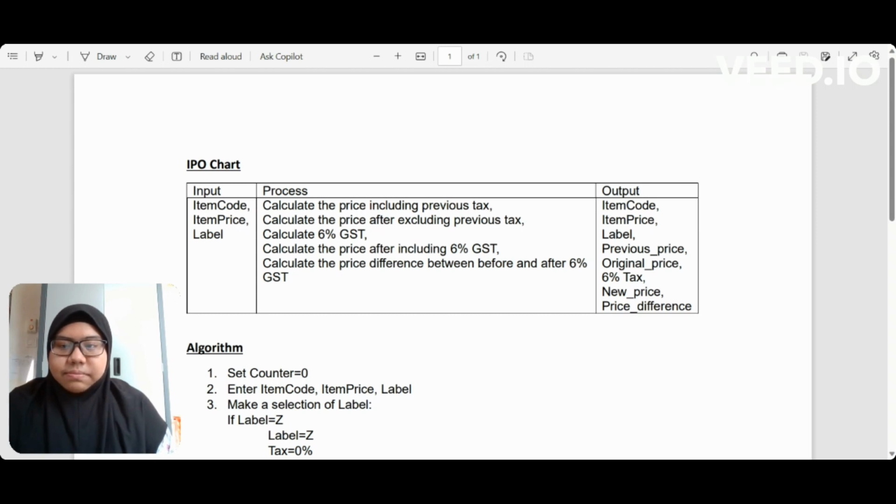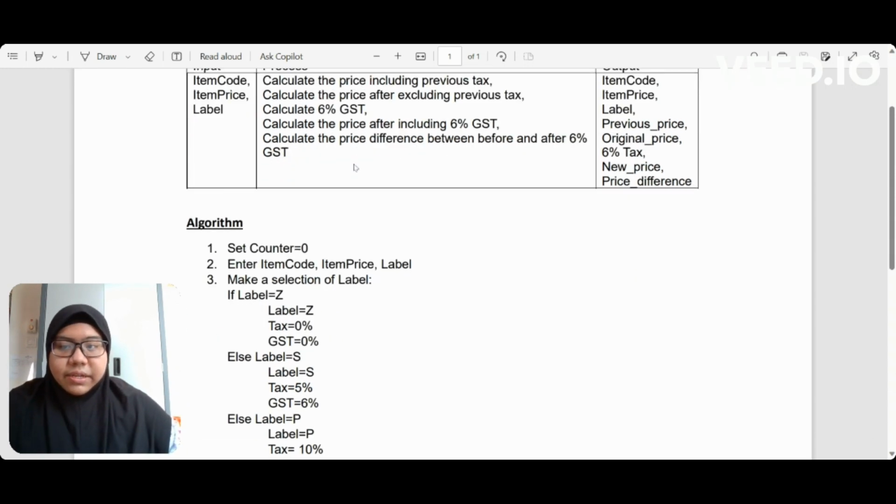As for the process, it is calculate the price including previous tax, calculate the price after excluding previous tax, calculate 6% GST, calculate the price after including 6% GST, calculate the price difference between before and after 6% GST, and then for the output, it is item code, item price, label, previous price, original price, 6% tax, new price, and price difference. So let's move on to the algorithm.